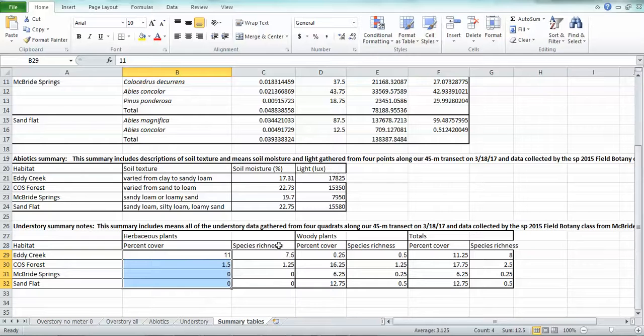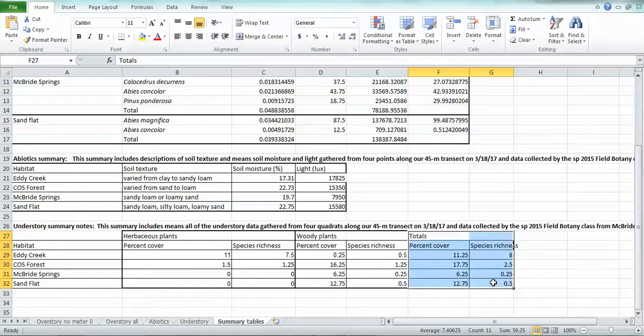These are the average species richness, and species richness is the number of herbaceous species. And then we have the same data here for woody plants. I then added up the woody and herbaceous understory plants to get total average percent cover and total mean species richness.